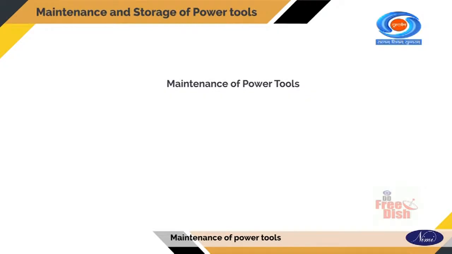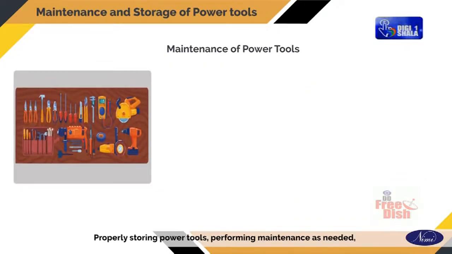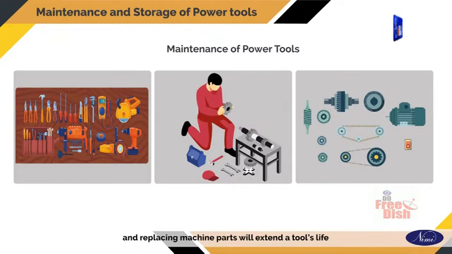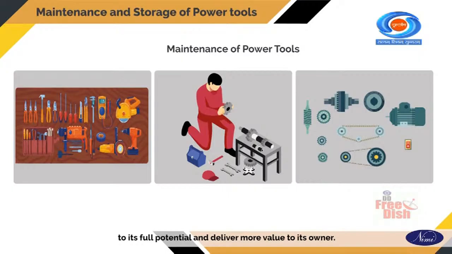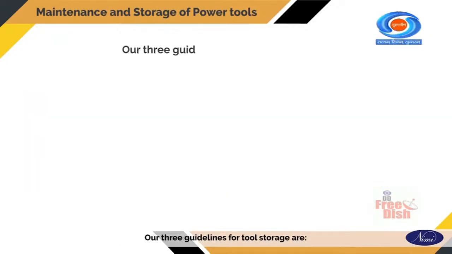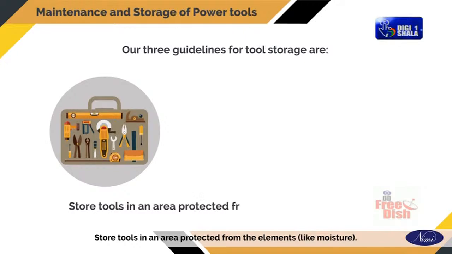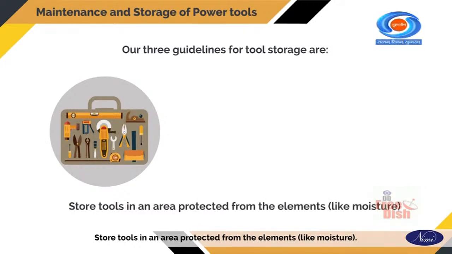Maintenance of power tools. Properly storing power tools, performing maintenance as needed, and replacing machine parts will extend a tool's life to its full potential and deliver more value to its owner. Our 3 guidelines for tool storage are: store tools in an area protected from the elements like moisture.